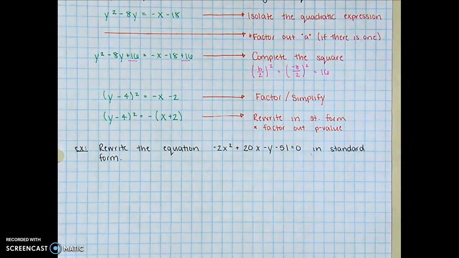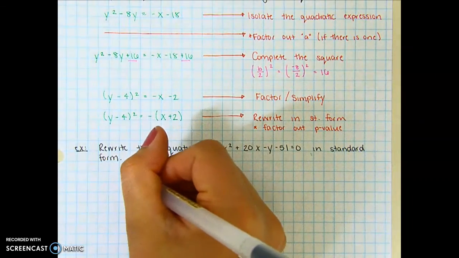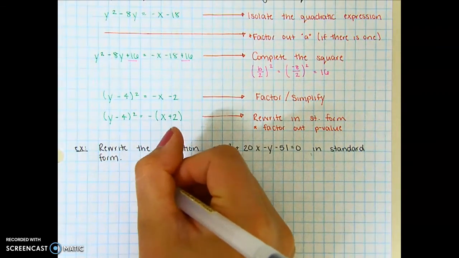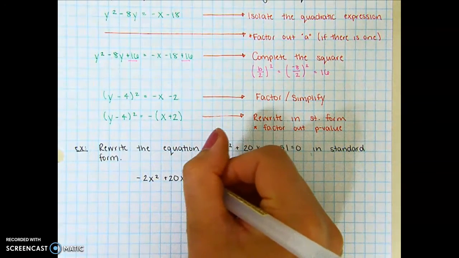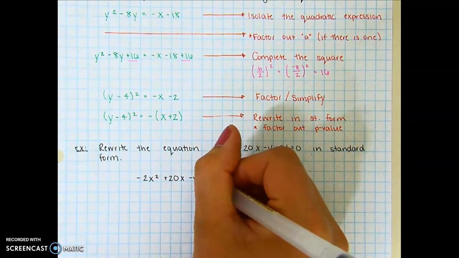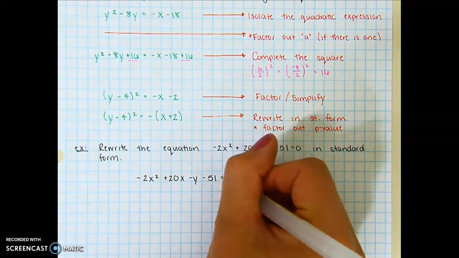Alright, because these are our notes, I'm going to rewrite this again. Negative 2x squared plus 20x minus y minus 51 equals 0.